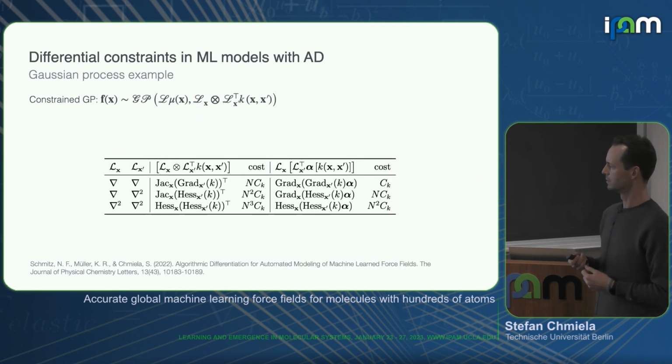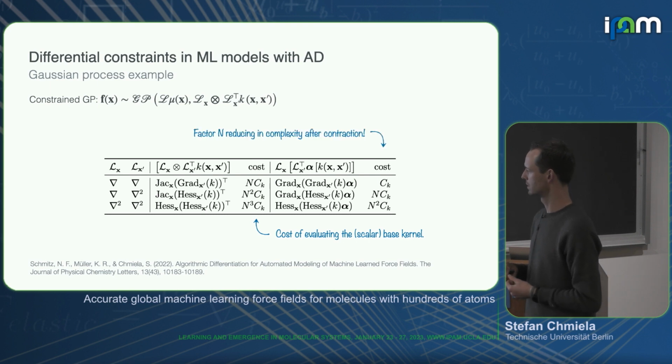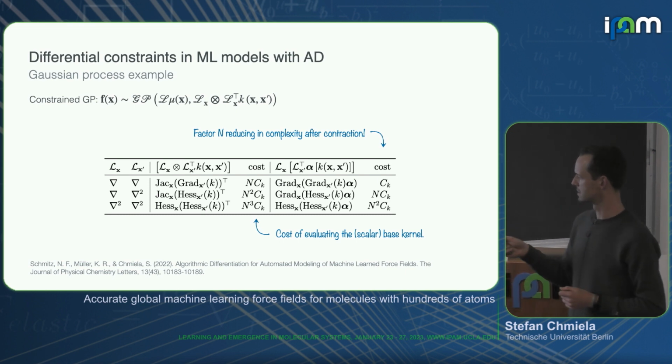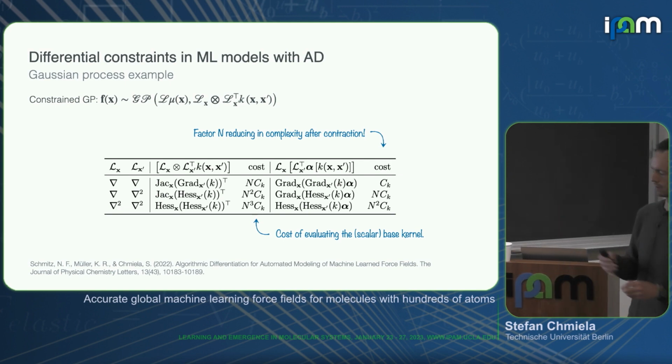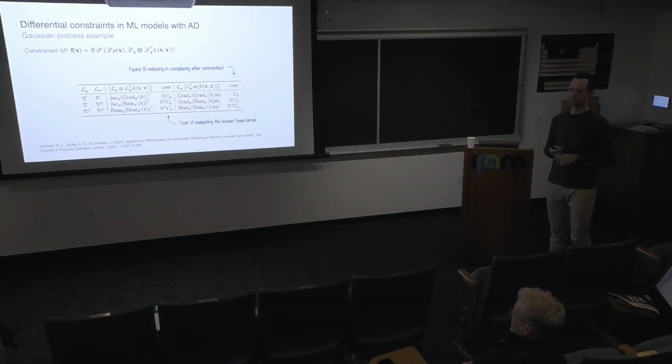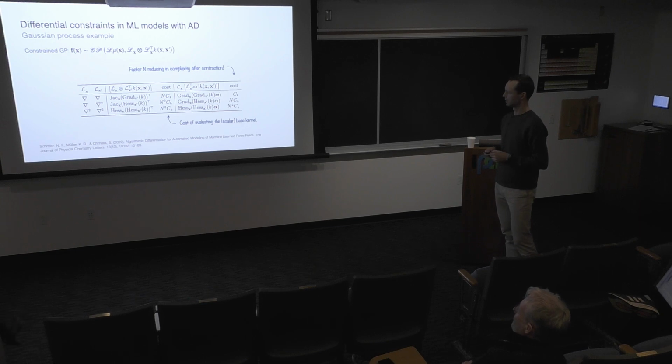In practice this means we can lower the cost by one order of magnitude for many differential constraints. The full instantiation has this n factor, and if we execute them one by one, we drop one of those n factors for each of the constraints, so we have a more efficient constraint model.